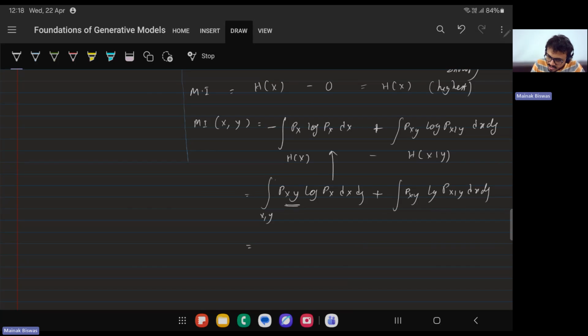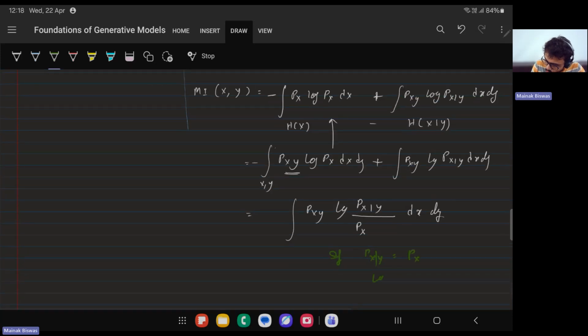So I write this as p of xy log of p of x given y by p of x dx dy. Now from this term, you directly see one thing: if p of x given y is equal to p of x, the log of p of x given y by p of x goes to 0, so this entire mutual information term goes to 0.